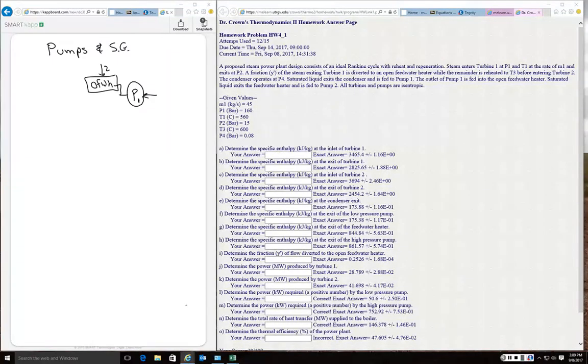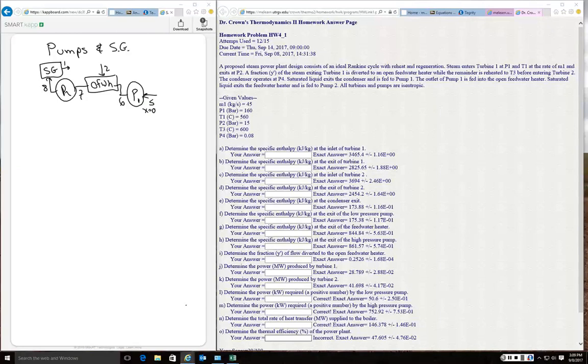So I've got state 5 here, saturated liquid, coming out at state 6, and then that feeds pump 2, which is state 7, and then comes off back to the steam generator, state 8, and then goes back into turbine 1 at state 1. So let's take a look at the pumps.